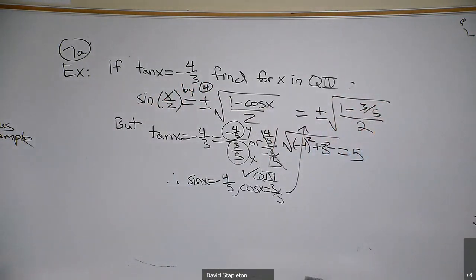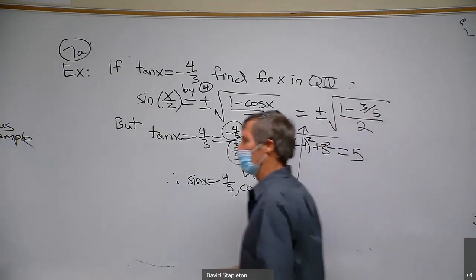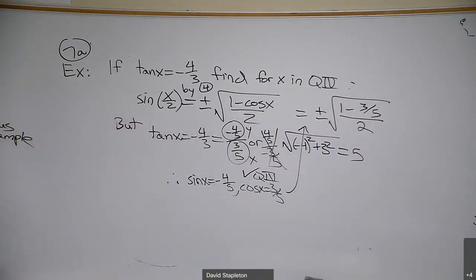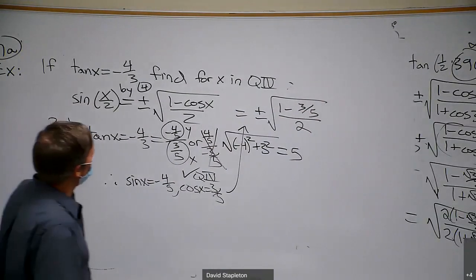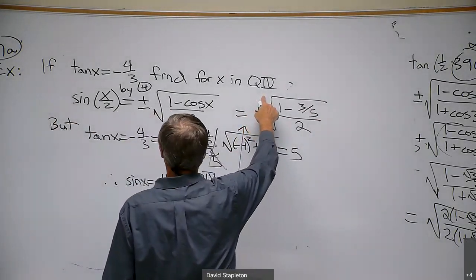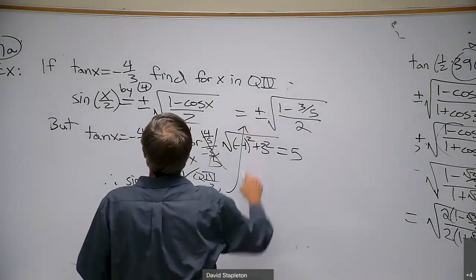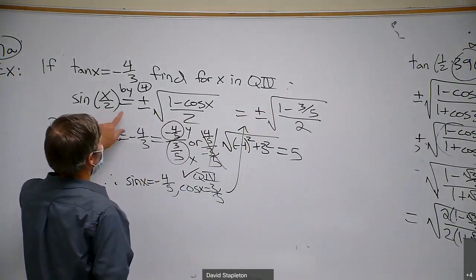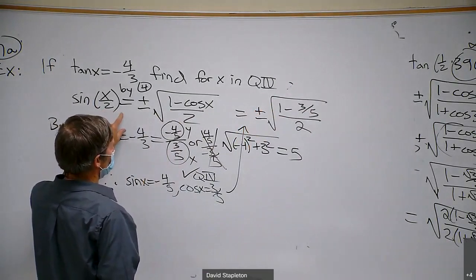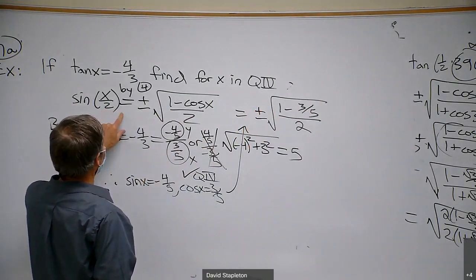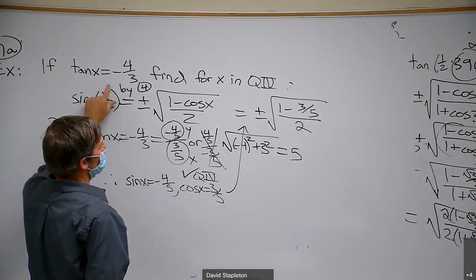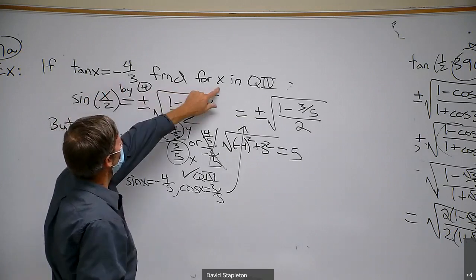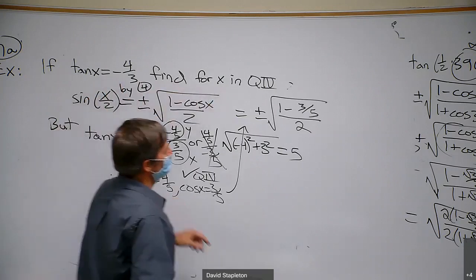It's tricky. It's actually tricky here. Let me move this over just a bit. You say, oh, quadrant 4, let's see. The sign in quadrant 4 is negative, right? Wait a minute. I want the sine of x over 2. That's not in quadrant 4, right? X is in quadrant 4. X over 2 is what I need.